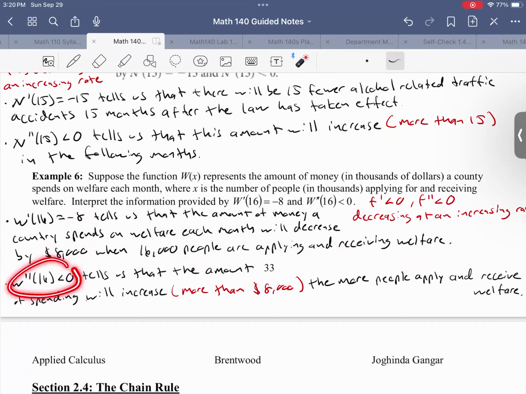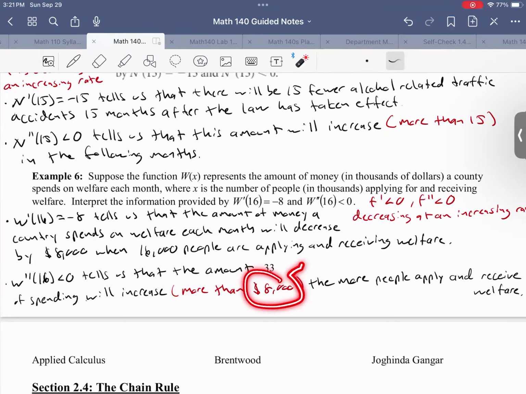So the second derivative, W double prime of 16 less than 0, meaning negative, tells us that this 8,000 decrease in spending is going to be even bigger. So they're going to decrease that amount by more than 8,000.